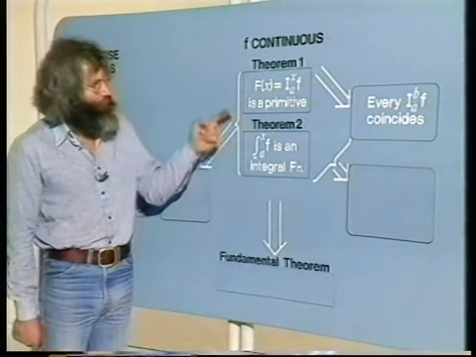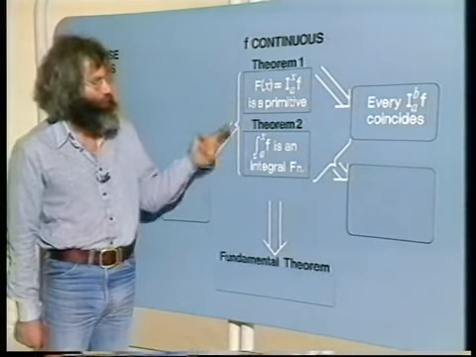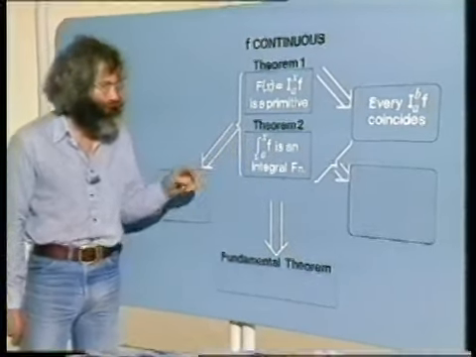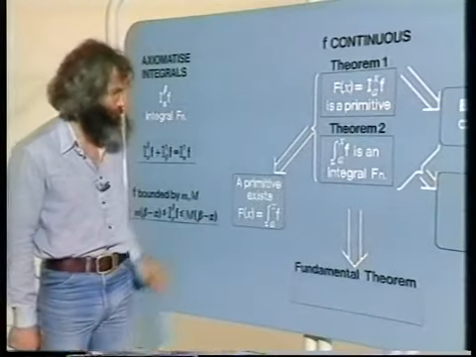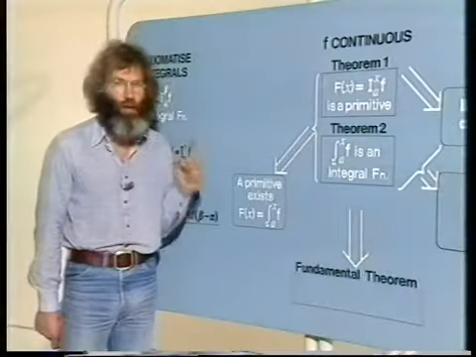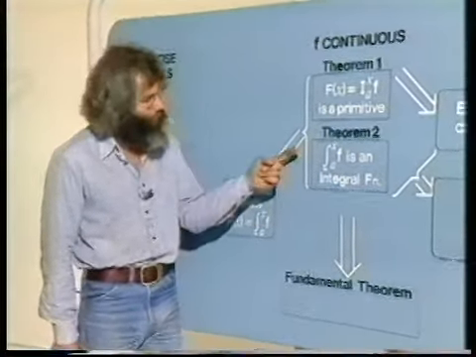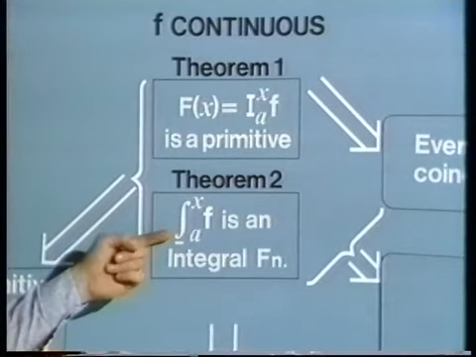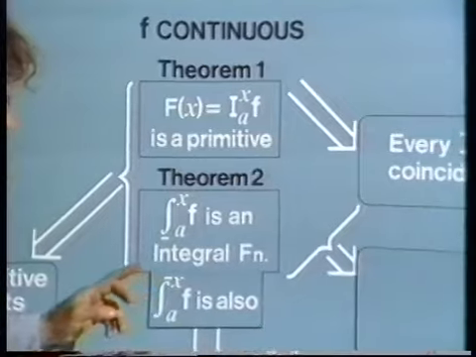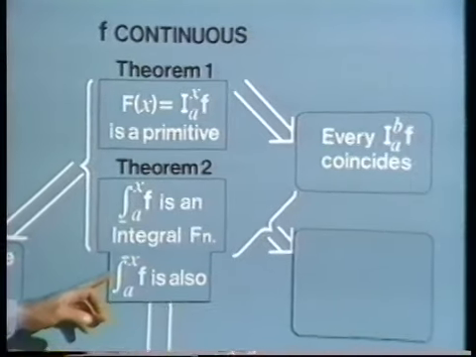Well, now we've actually proved that we've got a primitive, because you see, the lower integral is an integral function, and the lower integral always exists. So we've certainly got a primitive. A primitive exists, namely, the one given by the lower integral. But we've actually done a lot more than that, because the argument that shows that the lower integral is an integral function works with very little change to show that the upper integral is also an integral function.